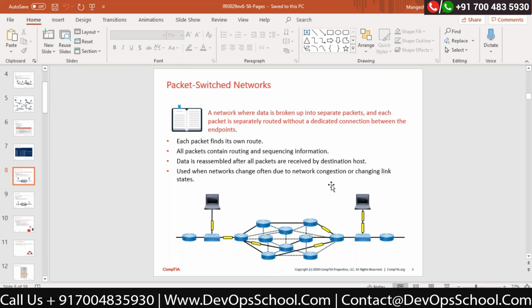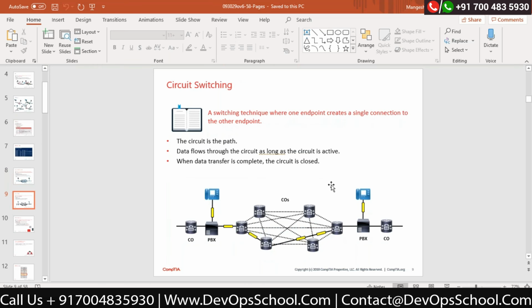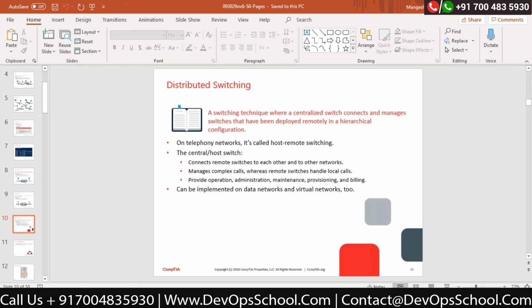Don't worry about this currently. Just remember that packet switching is the technique which people normally use to provide you internet connectivity. Circuit switching we are not using anymore, because we are not using any dial-up connection or telephone network to share data, correct?